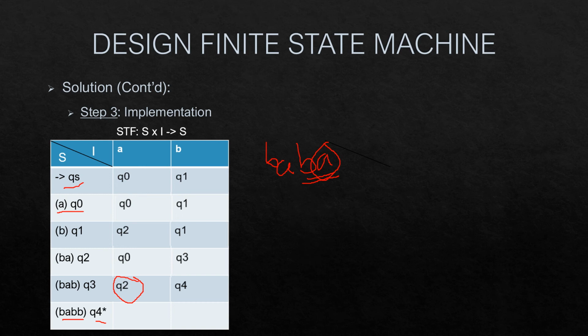And finally, when we reach Q4 state, we will go to Q2 and Q1 states respectively on A and B, as again BABB, and after getting the next symbol as A, it will become ends in BA. So we have to reach Q2 state, and for Q1 it will go because it is B, since we do not have any state representing BB or triple B and so on.